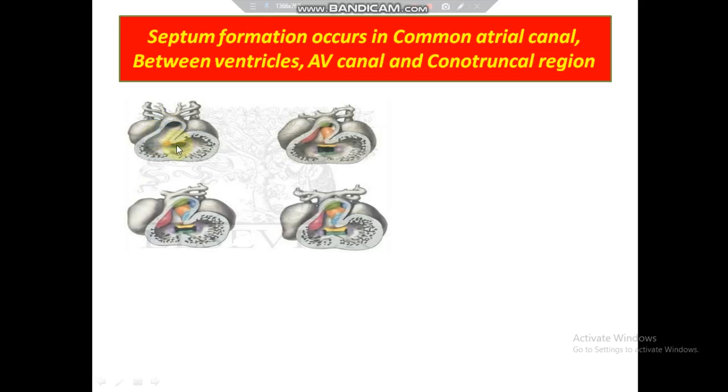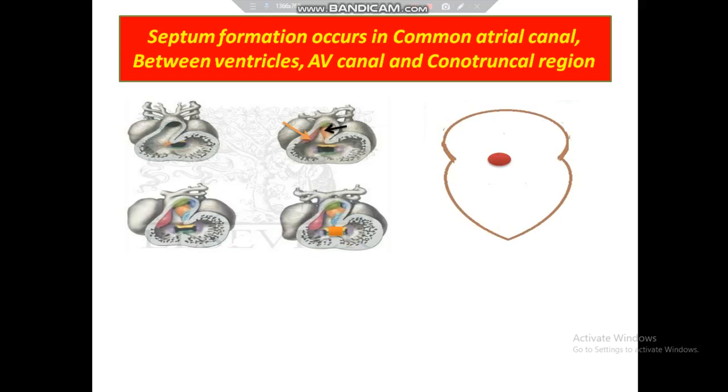Then this is the atrioventricular canal. Then we can see that here the cushions develop in the conotruncal area. They form the spiral septum. Similarly, the septum intermedium develops. Later on, we can see the atrial septum develops.